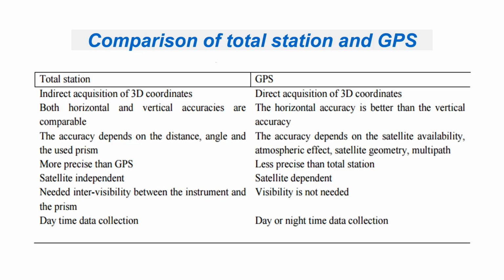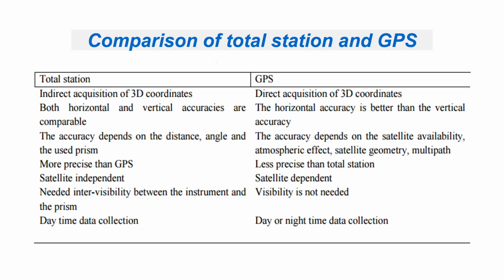So we can see in the table a comparison of total stations and global navigation satellite systems. Well, a total station makes indirect acquisition of 3D coordinates. It allows both horizontal and vertical accuracies that are comparable.